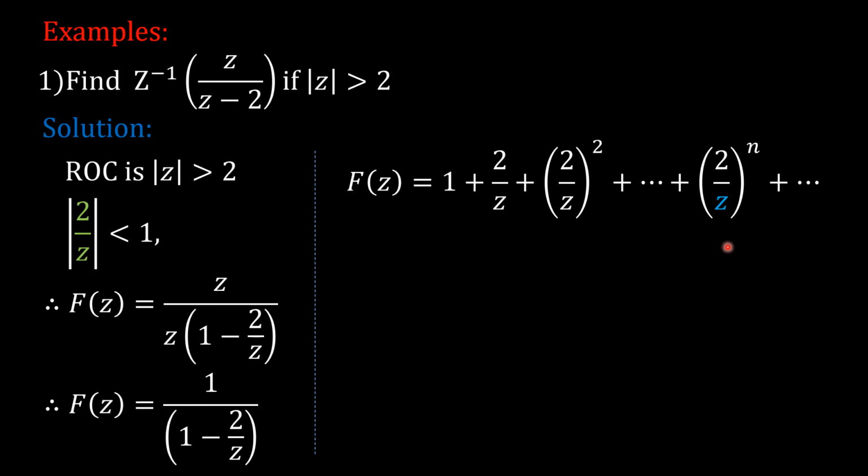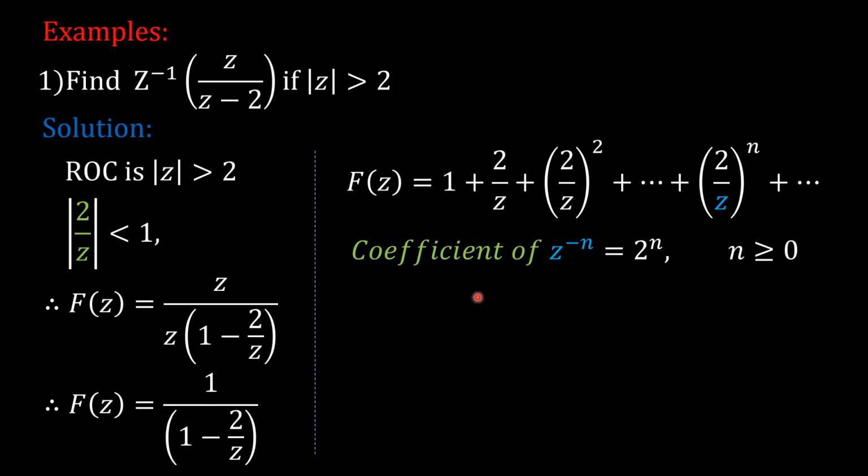And therefore we can rewrite this as 1 plus 2 into z inverse plus 2 square into z raised to minus 2 plus so on, 2 raised to n into z raised to minus n plus so on. So if we compare this, we will be getting the coefficient of z raised to minus n as 2 raised to n for n greater equal 0, because it is starting with the constant number, isn't it? And therefore we have to consider our n starting from 0.